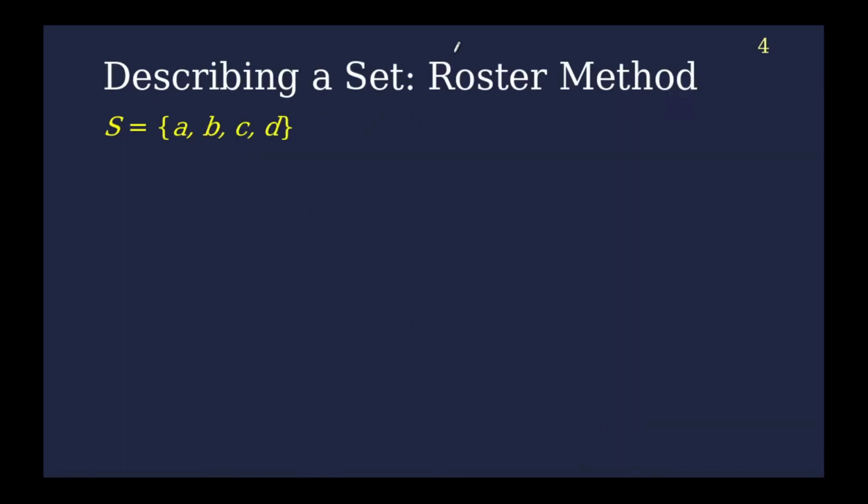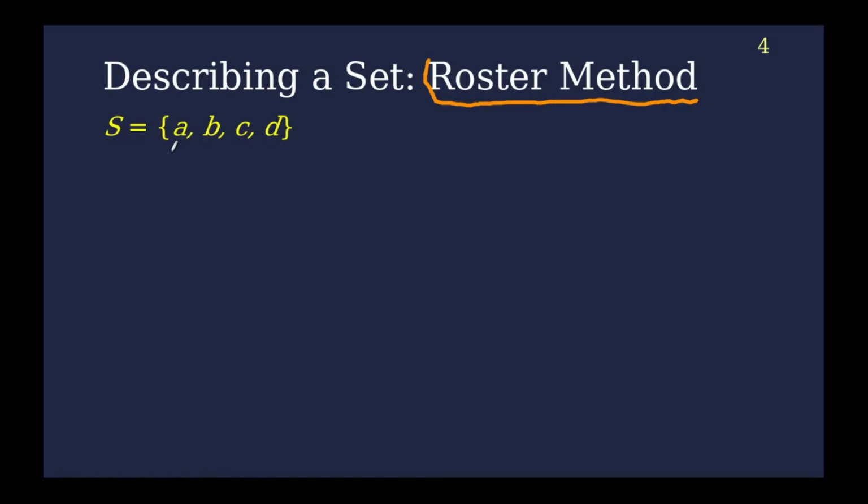For describing a set, there are two methods. The first method that we will study is called the roster method. In the roster method, we write the name of the set as a capital letter, equals, curly brackets, and the elements of the set separated by commas.